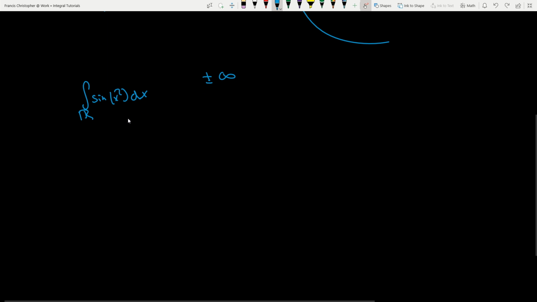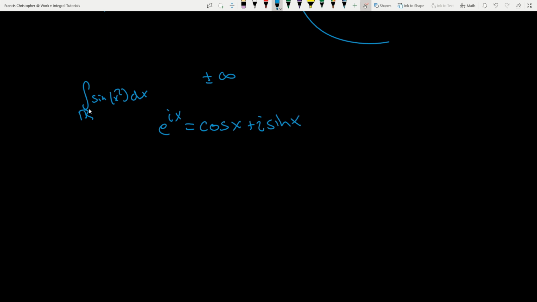One of my favorite integration techniques is to incorporate complex numbers, especially if the integrals come in sine and cosine pairs, because Euler's equation nicely relates sine and cosine with imaginary numbers. So if I call this w, notice that the imaginary part of iw is just going to be w.